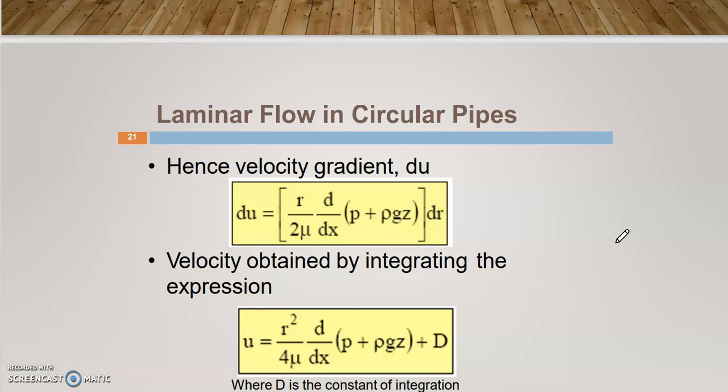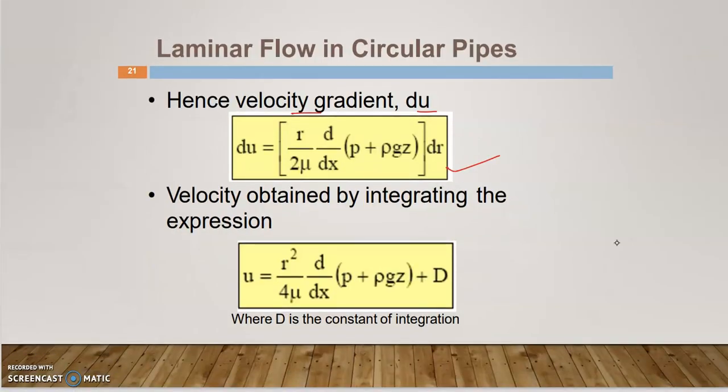Therefore, we have the velocity gradient. So it will become this equation, and the velocity is obtained by integrating the expression, where D is the constant of integration. Alright, so we can get the velocity.